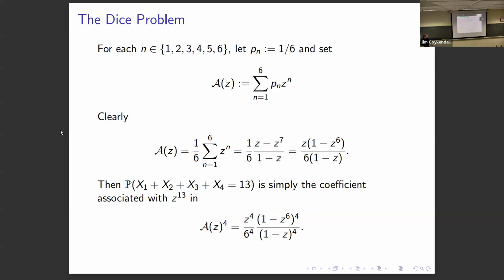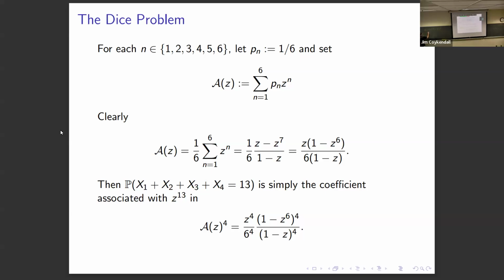So if I want the generating function, this is going to be equal to the expected value of z to the x1, raised to the power 4, but only by independence, combined with the fact that they're independent and identically distributed.